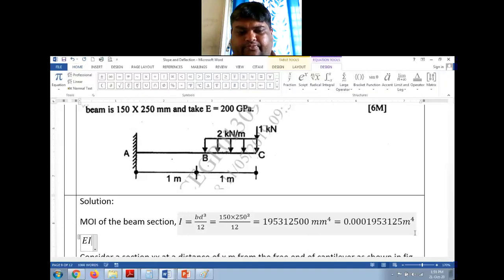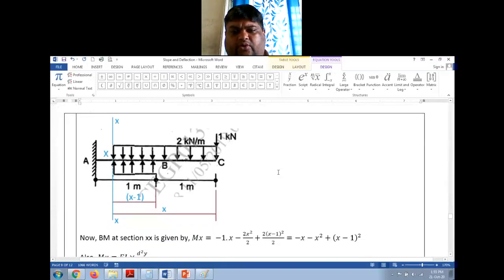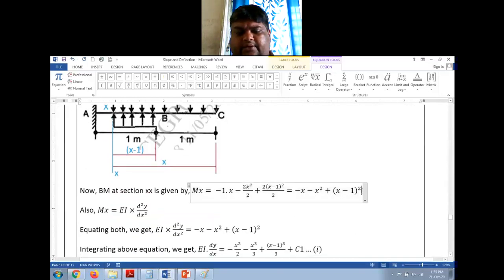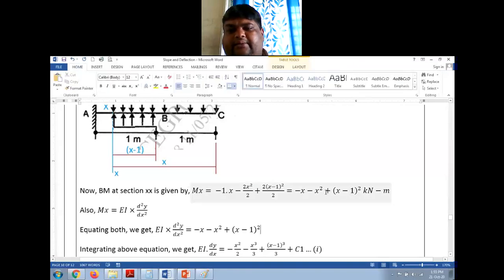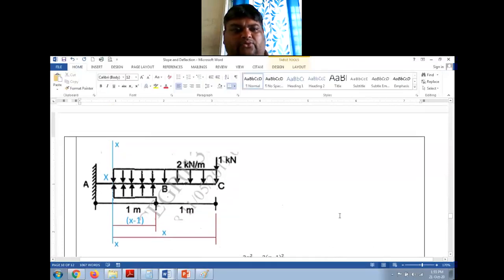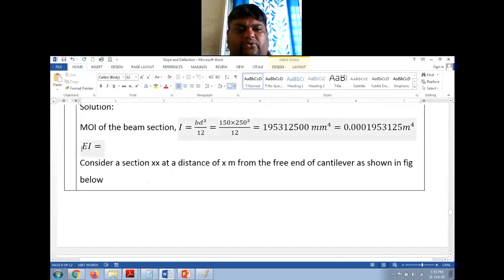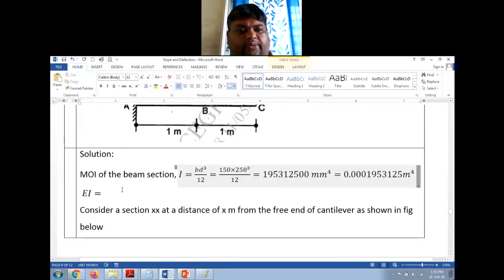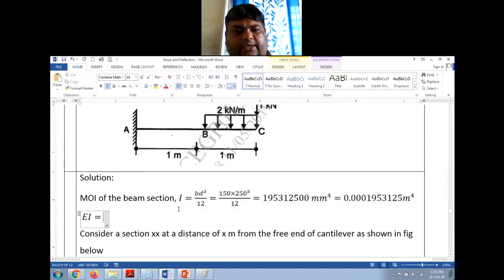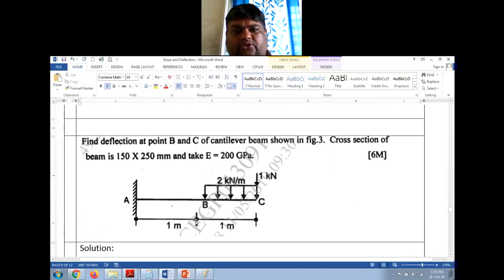Now EI is equal to... see, the bending moment that we have calculated here is in kilonewton meter, because all the force is in kilonewton and lengths are in meter, right? So I have to take this EI also in kilonewton meter square. So E is how much? E is 200 gigapascal.